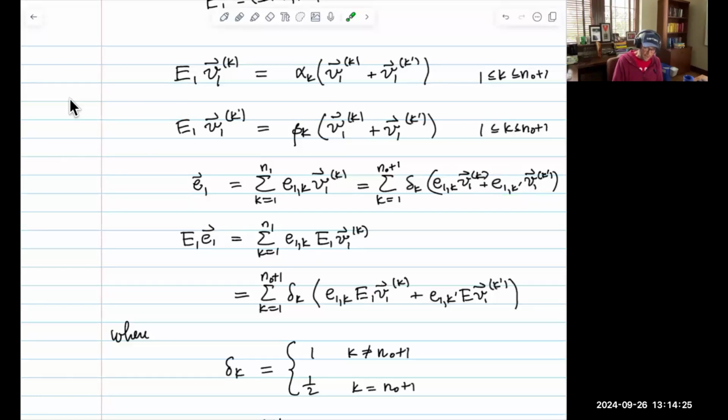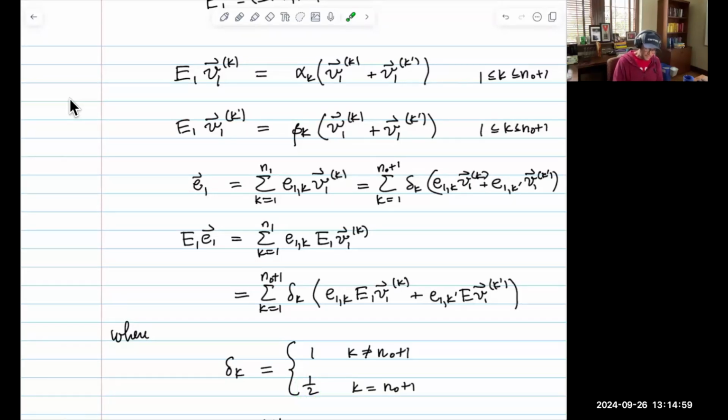And now the only thing I have to take care of is a double counting whenever K is equal to N0 plus 1. In that case, remember K and K prime are the same. So all that I'm doing is counting this one twice whenever K is equal to N0 plus 1. And so the delta is introduced so that I divide that one by a half. That's all I'm doing.